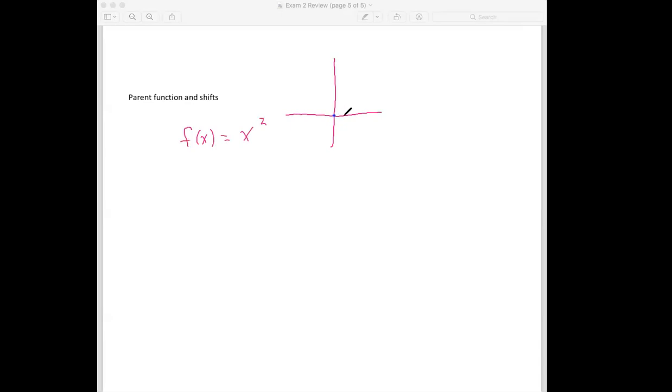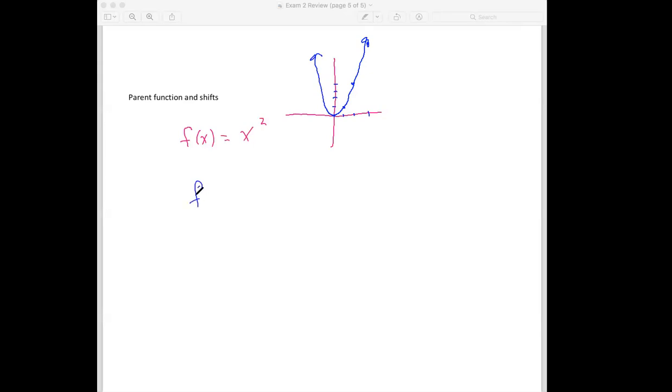At 0, it's going to be 0. At 1, it's going to be 1. At 2, it's going to be 4. At 3, it's going to be 9. And this is how this function looks on the right, and it's symmetric, so that's how it looks on the left.